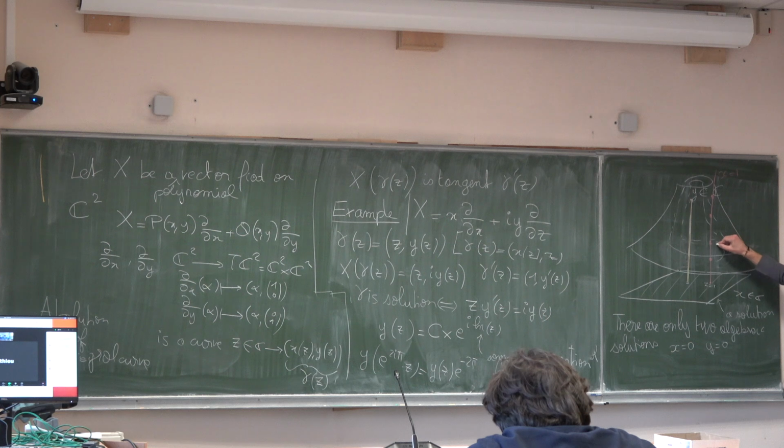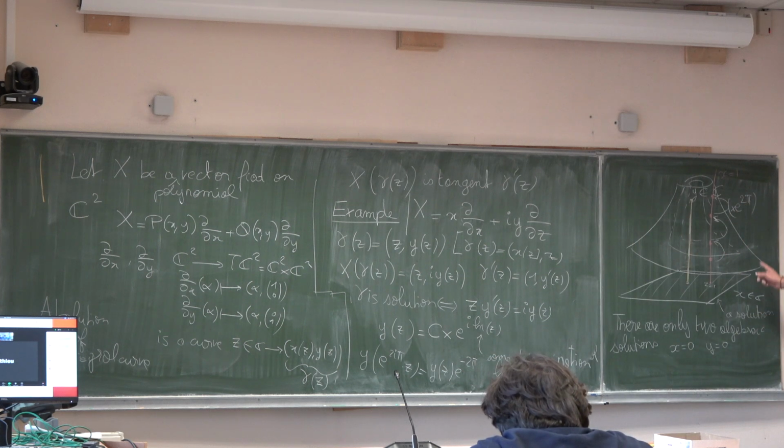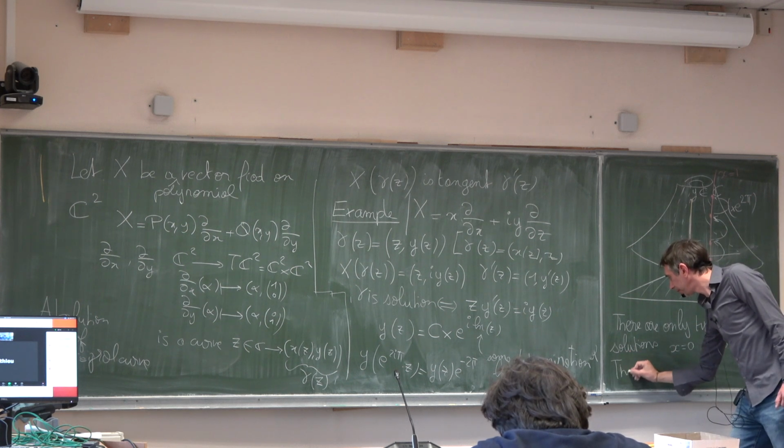And you jump from one point to another by just multiplying by exponential 2 pi. This is the computation I've done here. So the second curve cannot be algebraic, because if it was algebraic, we would obtain two algebraic curves with an infinite number of intersections, which is not possible. The other solution cannot be algebraic.